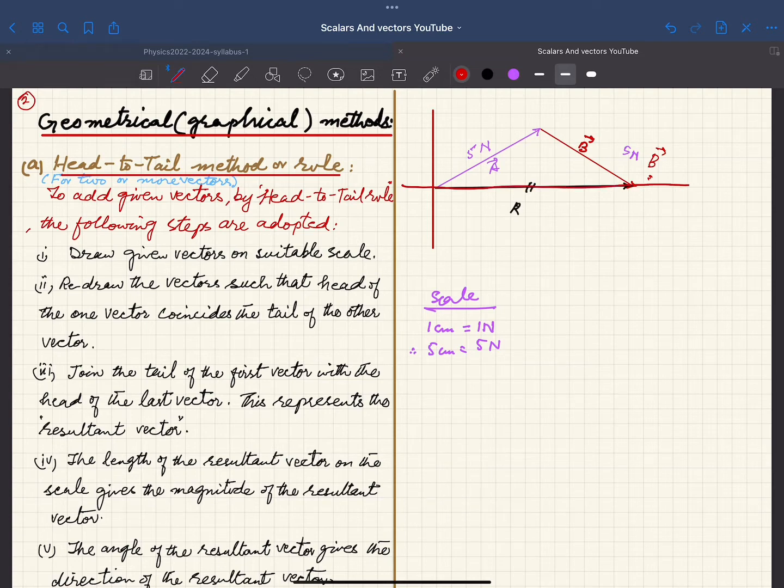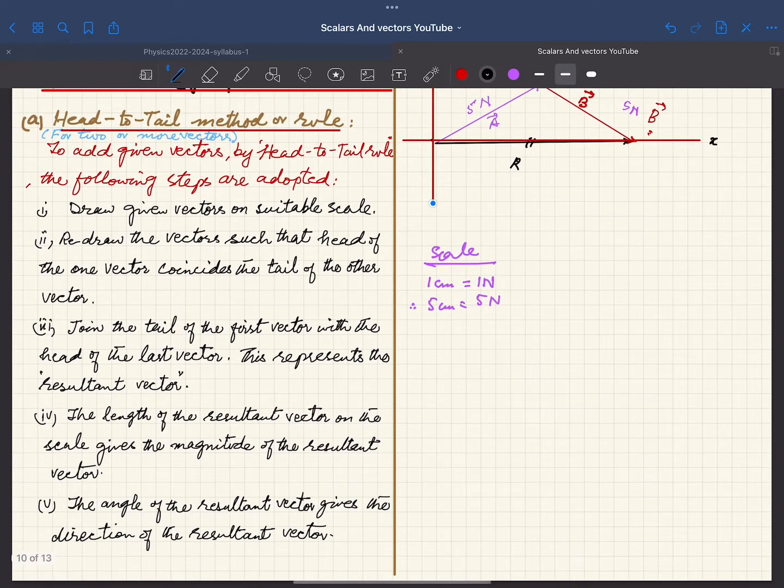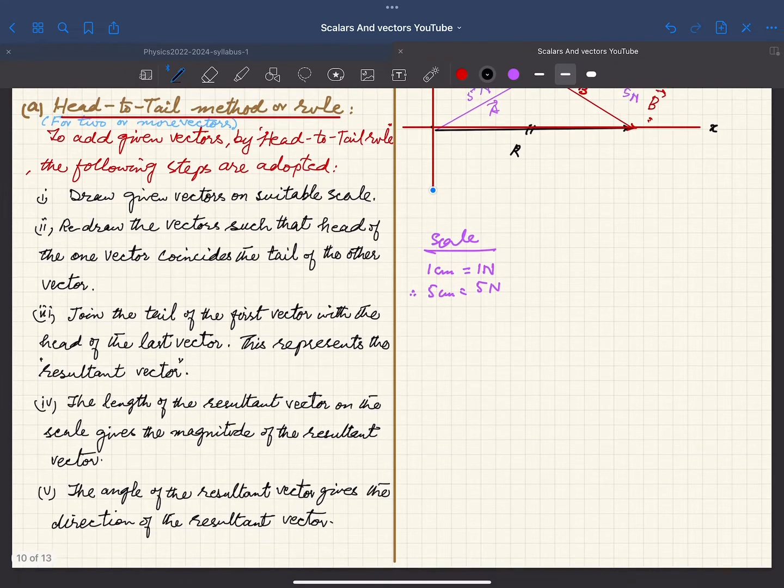If this is the x-axis and y-axis, the resultant is making a 0 degree angle with the x-axis. So the angle you can also determine, but the main points here are very important.